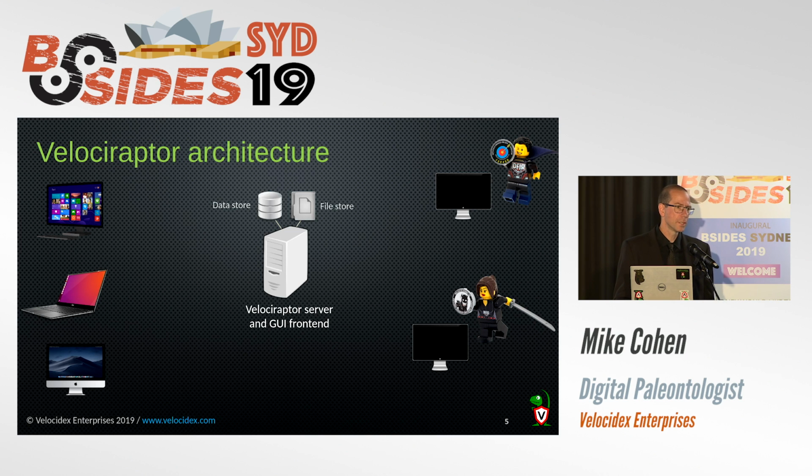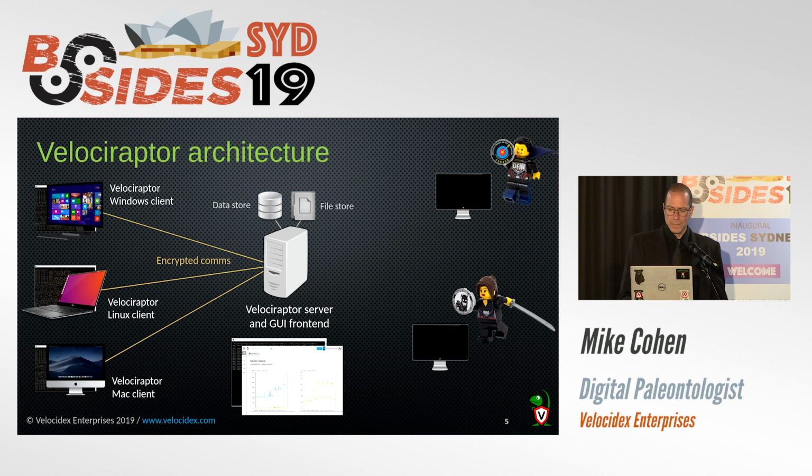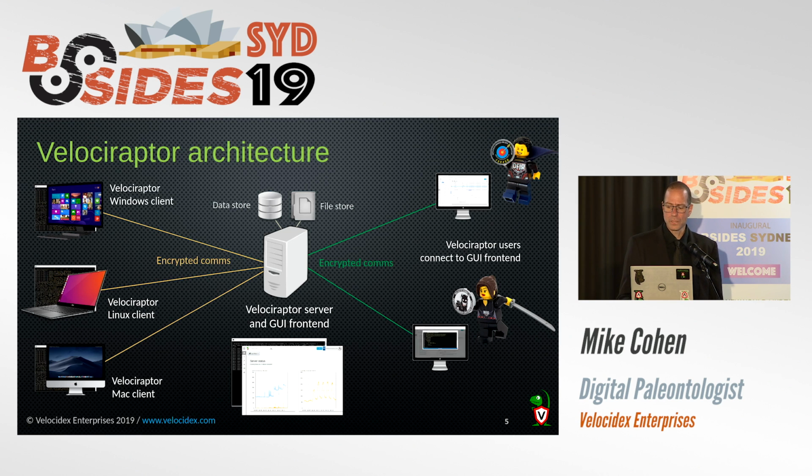It's got some data storage and file store, and then we have encrypted communications to the endpoint, so we can query the endpoints for whatever we want, instantly. Users, the investigators or analysts, can use the GUI to ask various questions of the endpoints and try to collect artifacts about what's happening on the endpoints. So that's basically the architecture. It's a fairly typical architecture.